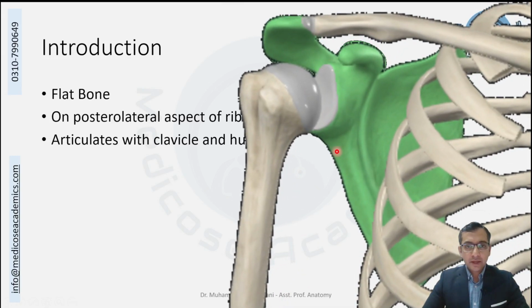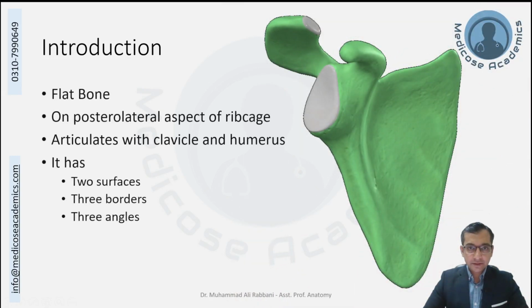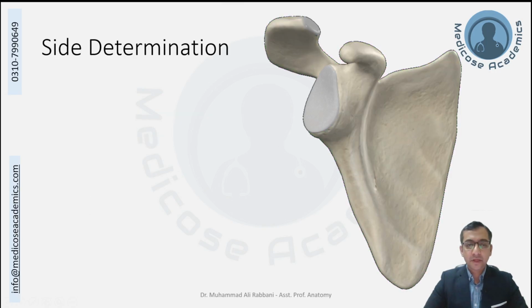This bone has two surfaces, ventral and dorsal, three borders, superior, medial and lateral, and three angles, lateral, superior and inferior. We will go and discuss them again shortly.